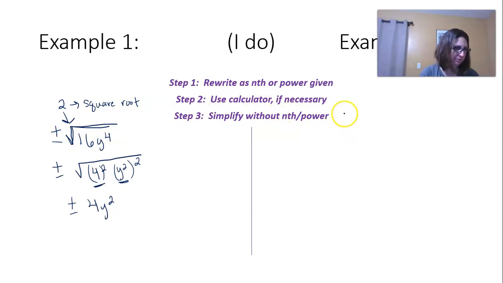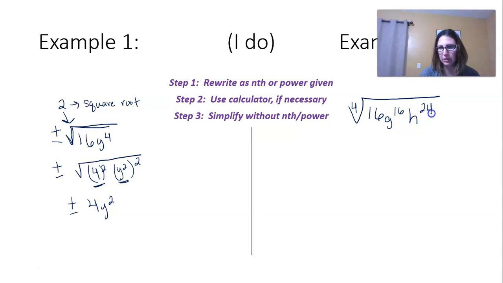Let's do example 2. This one, we're going to do a fourth root over here. We just want the principal root. I don't have plus or minus. And this is also 16. I think I have g to the 16th power and h to the 24th power here.